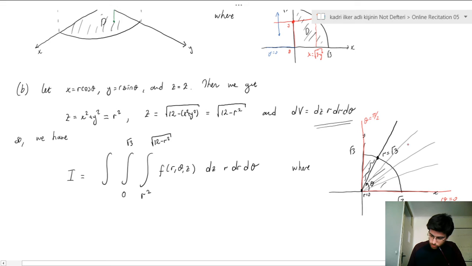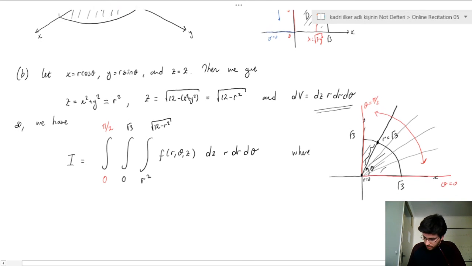You just rotate this slice along the region, and therefore theta ranges from 0 to pi over 2. Okay, fine. So what about the next one?